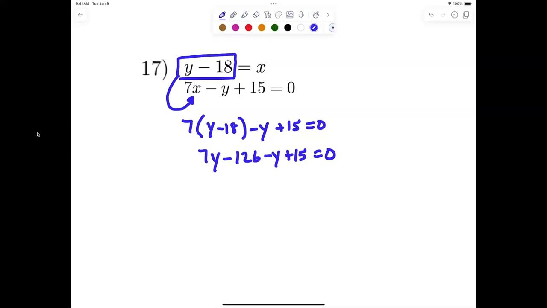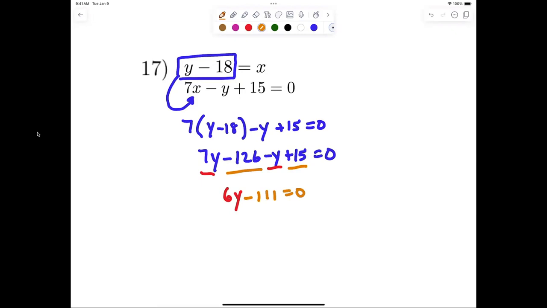You have a problem with that? Now, of course, we're just combining terms here. 126 plus 15 is what? Do we agree with that?